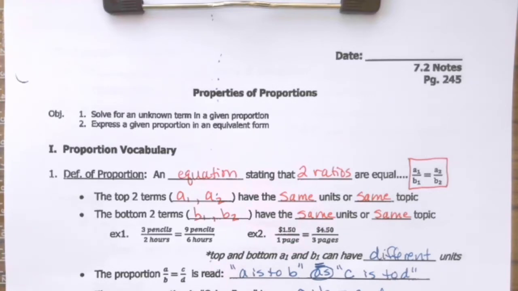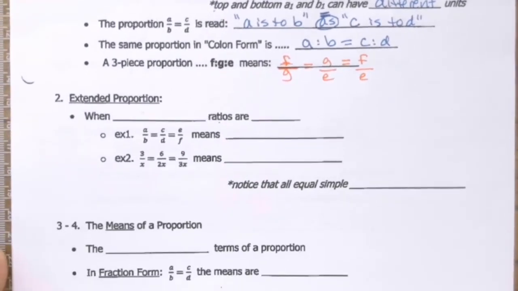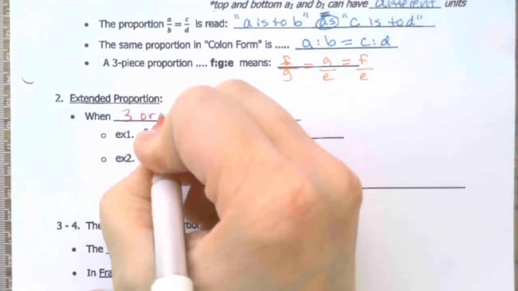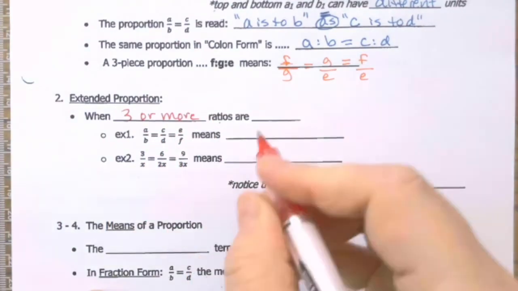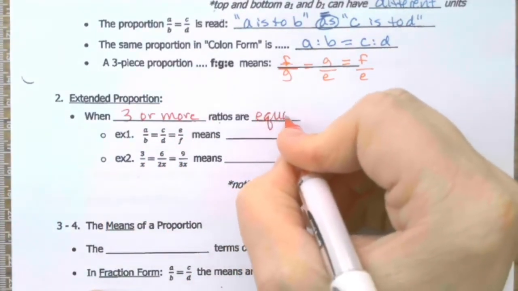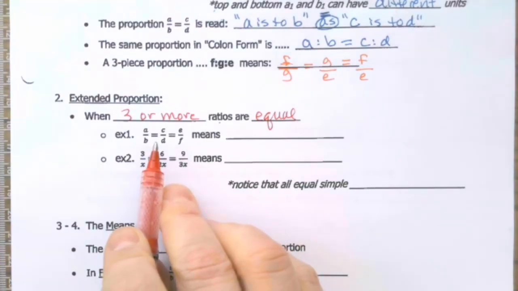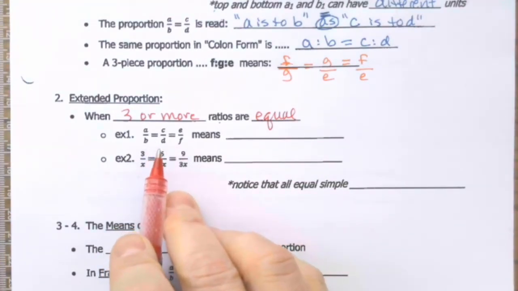Okay, extended proportions. An extended proportion is when three or more ratios are equal. So this example one is an extended proportion in fraction form.